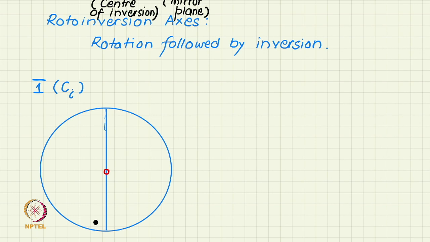So, what this center of inversion will do to this object at general position shown by the black dot. So, we will take it through the center of inversion to an equal distance other side. So, which means if this object was above the equatorial plane, the image will be below the equatorial plane.